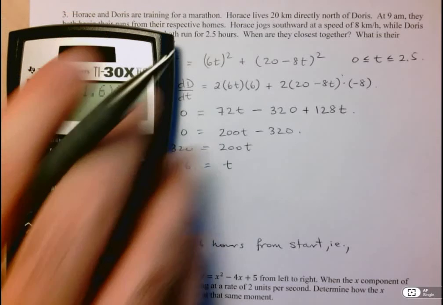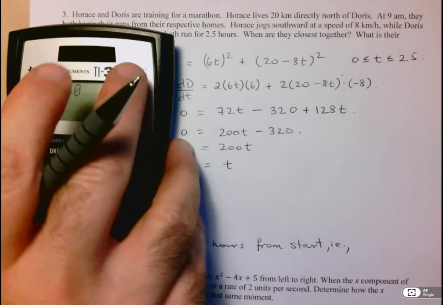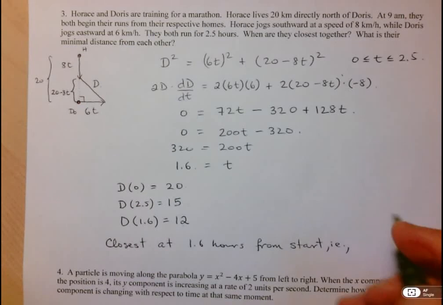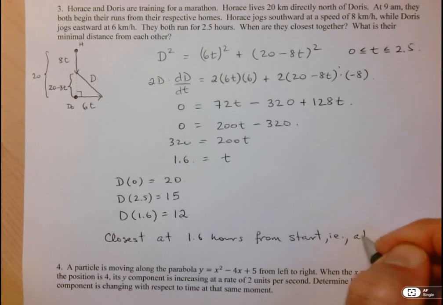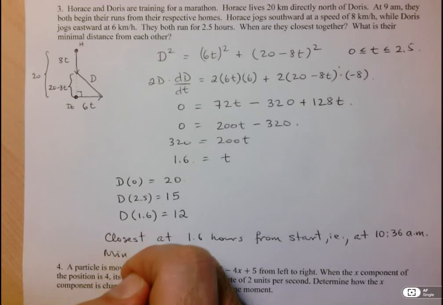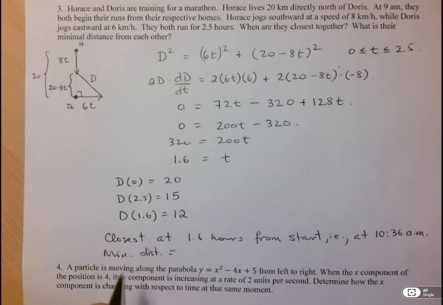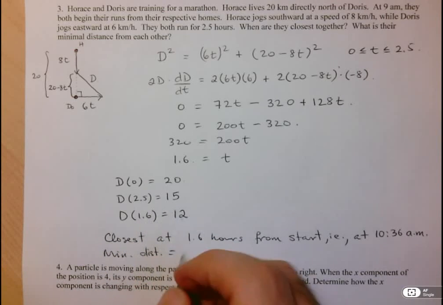Let's calculate what 0.6 hours is. 60% of 60, well, I should be able to figure it out. It should be 36. And there you go. So 1 hour and 36 minutes. So that is at 10:36 a.m. And their minimum distance from each other is equal to, well, we found out here that it's 12 kilometers.